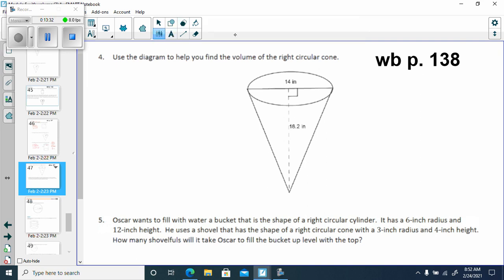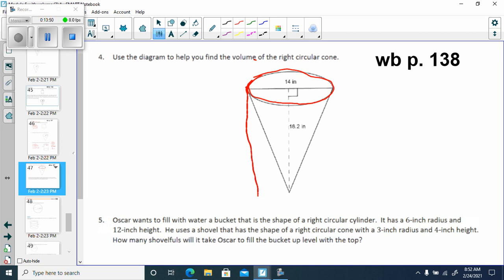Now, we've already talked about the volume of a cylinder. I'm about to show you something. What if we draw this cone inside a cylinder? Oops, I didn't do too good a job, did I?